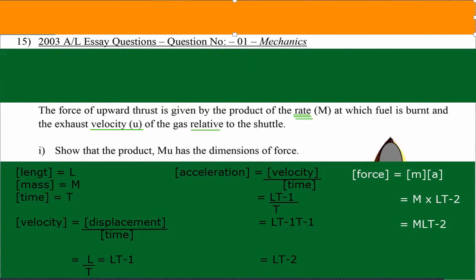Right now, the most important term here is the rate. The force, upward thrust, is given by the product of the rate, capital M, at which fuel is burned. So capital M means the rate of burning fuel.